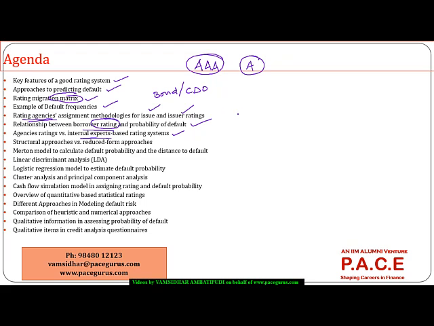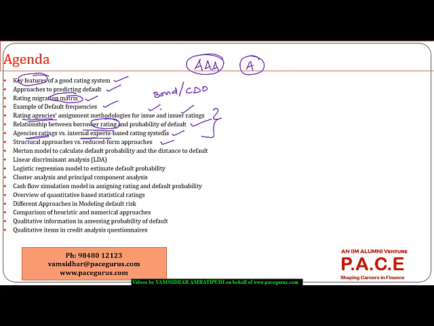Internal experts are saying this company can be given a loan versus this company cannot be given a loan based on their experience and expertise, versus the rating agency's methodology using a rating transition matrix, etc. So if I have to compare these two methodologies, I will compare based on the various features of a good rating system and say in which case which method is better compared to the other.